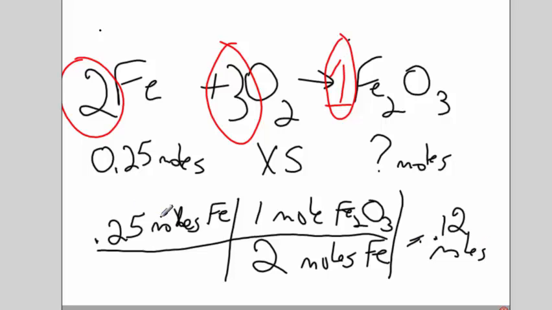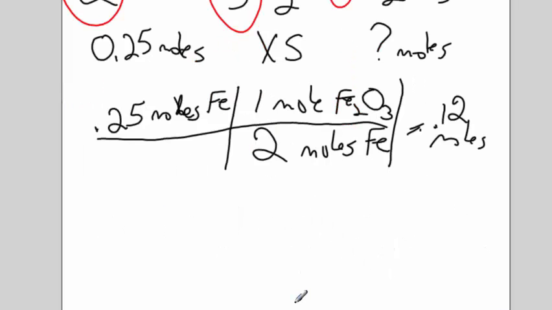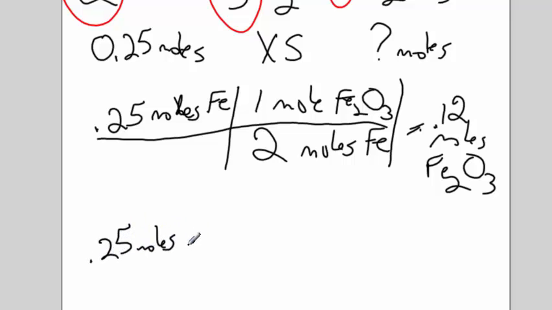There's a lot of other questions I could answer with this. I could move on from here to, well, how many moles of oxygen did that take? Now I could start either place, 0.25 moles of iron or 0.12 moles of iron oxide. It doesn't matter. They're equal to each other. That equal sign really does mean equal. But I'm going to start with this given. 0.25 moles of iron.